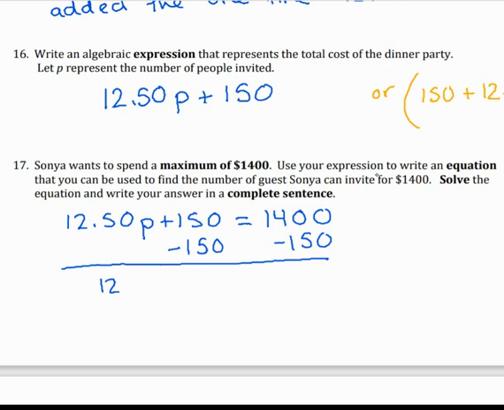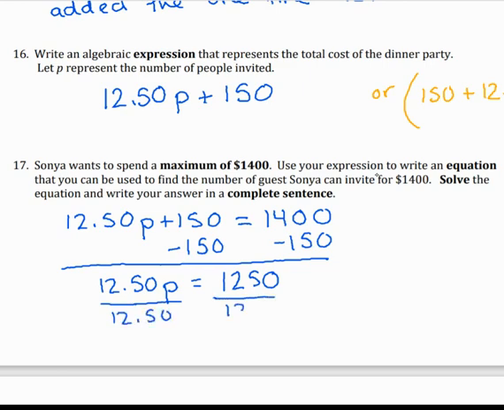So we're left with $12.50 times P equals 1,400 minus 150, which is 1,250. Now what operation? Victoria? Divide, exactly. This was multiplying, so to undo, we divide.